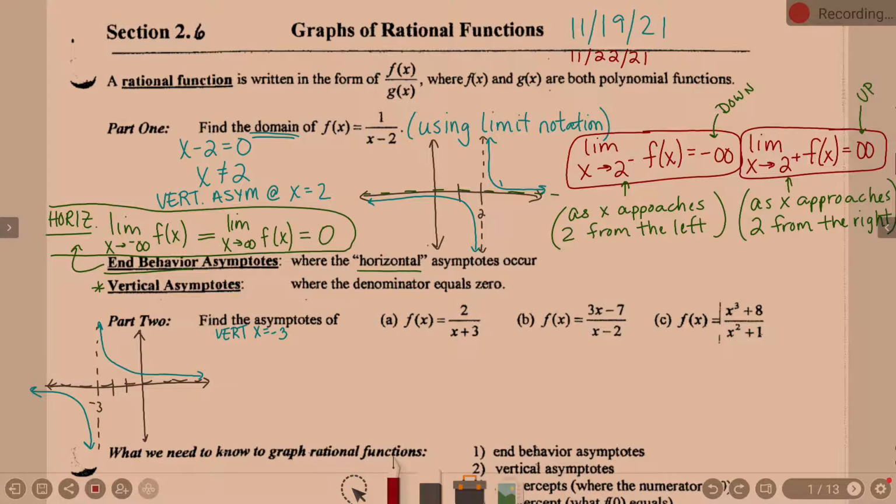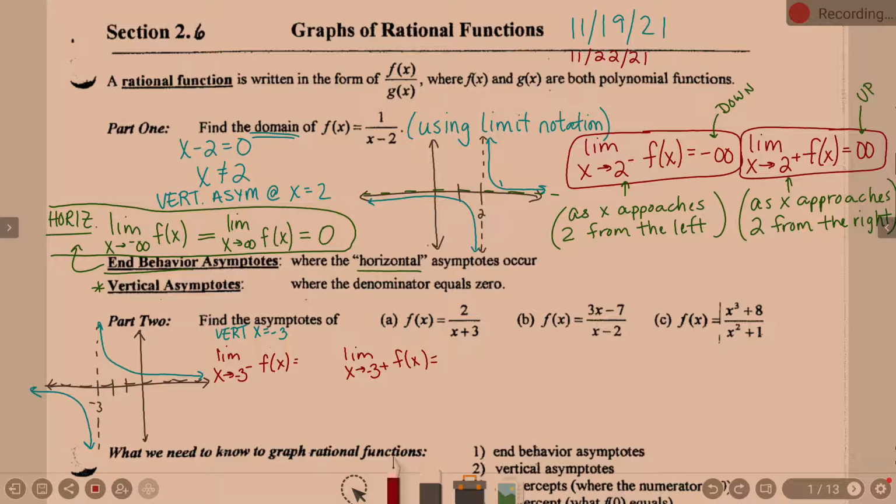So I'm going to say the limit as x approaches 3, and we're going to go from the left of f of x equals, and then we're also going to do the limit as x approaches 3 from the right. Should it be -3? It should be -3. Thank you. Totally overlooked that. Okay, valid, very important point.